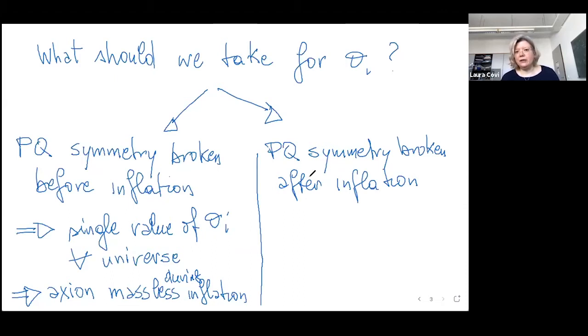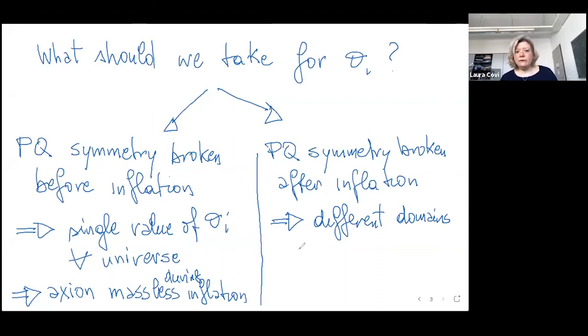Depending on exactly when this symmetry breaks, you have different patches, and the size of the patch is usually the Hubble parameter at that epoch. So you have different domains with different values of theta_i, and therefore, if the size of the domains is sufficiently small, you have many different domains within the universe.